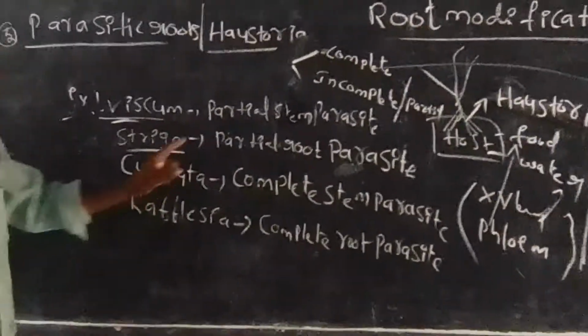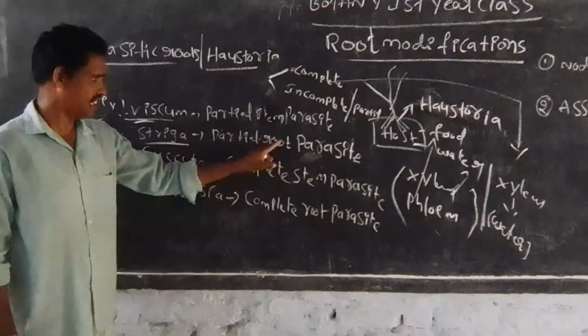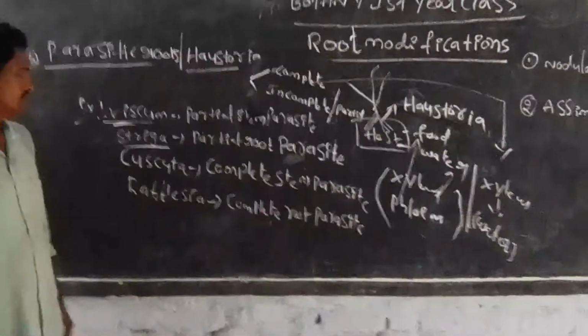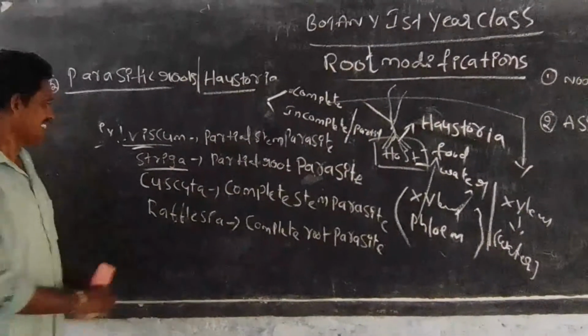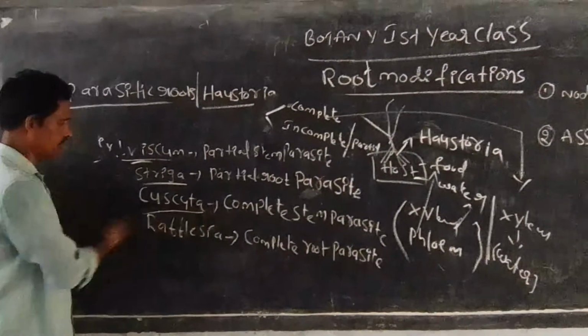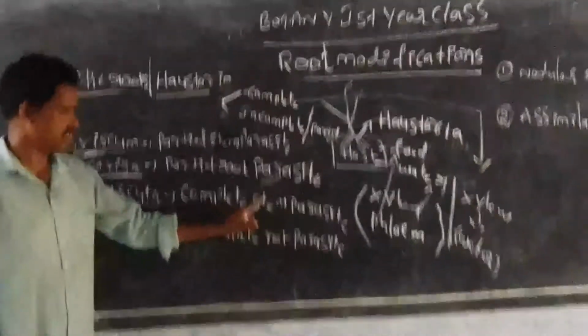Striga is a partial root parasite. It provides Haustoria into the xylem tissue of the root only. Cuscuta is a complete stem parasite.